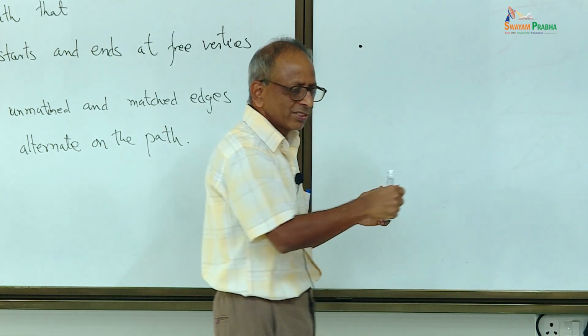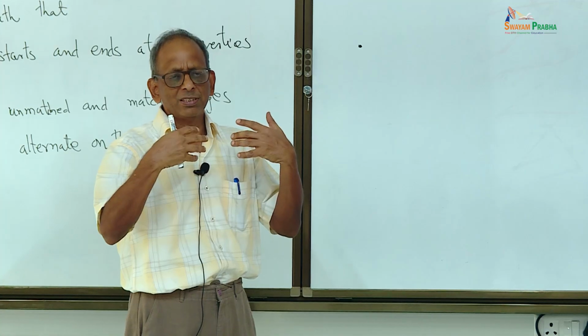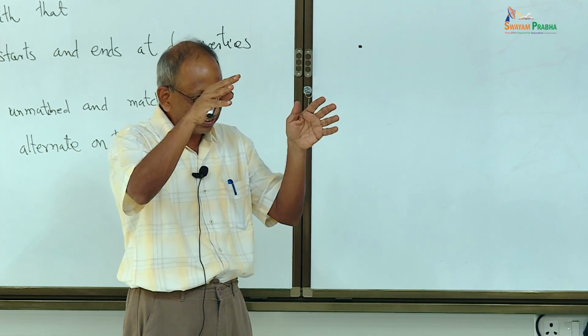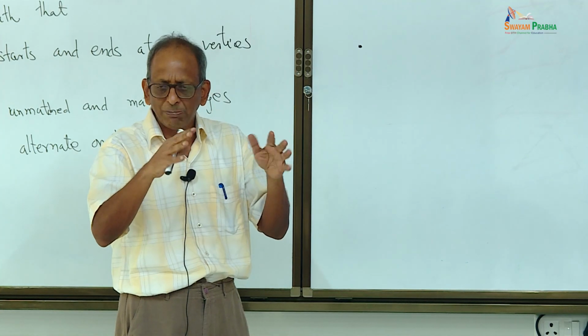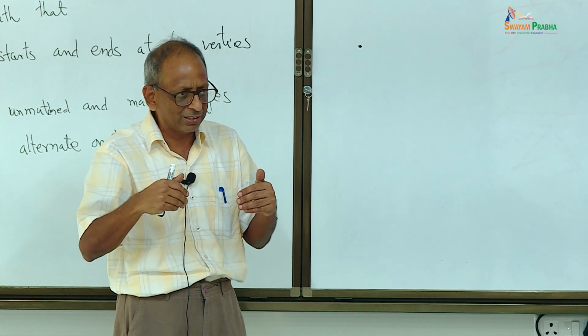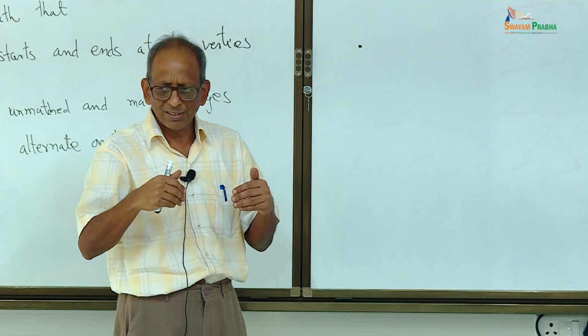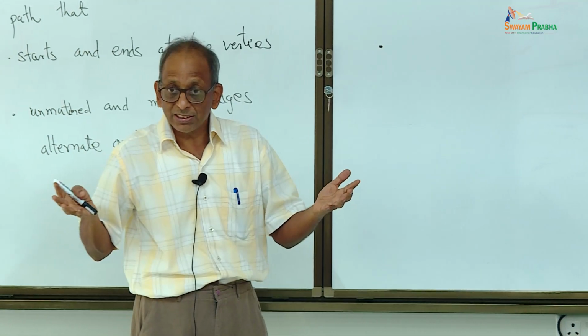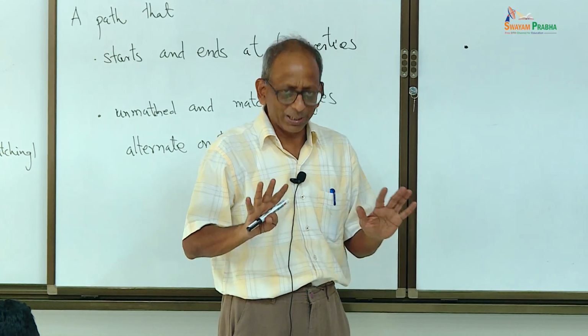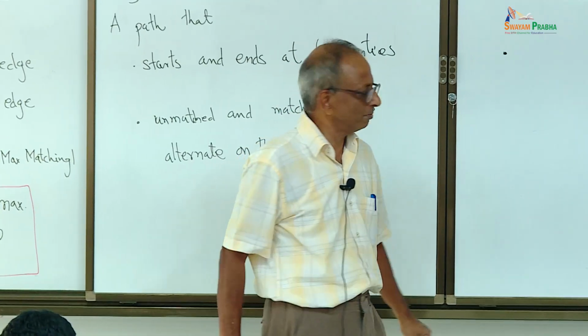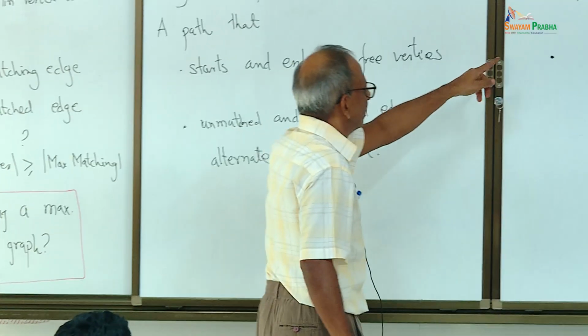Yeah, because it has a certain number R of matched edges and a number of unmatched edges. If there are R matched edges in the augmenting path, how many unmatched edges will there be? R plus 1. Total number of edges? 2R plus 1, which is an odd number. Okay, good. So, all right.